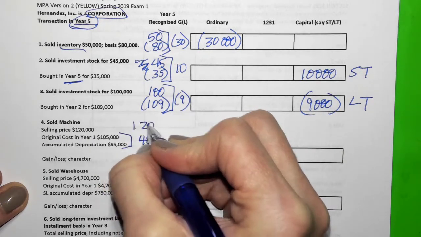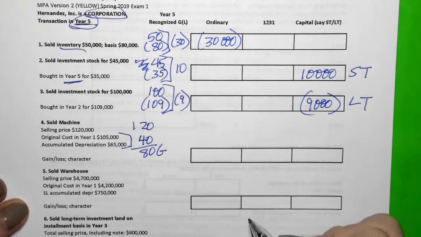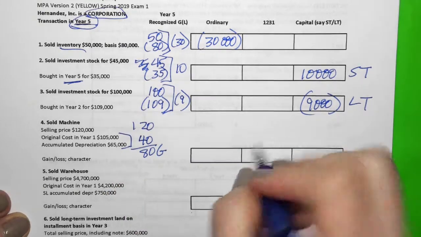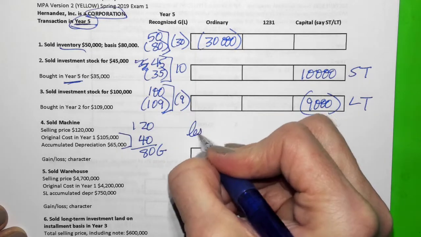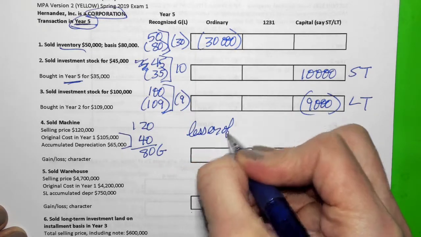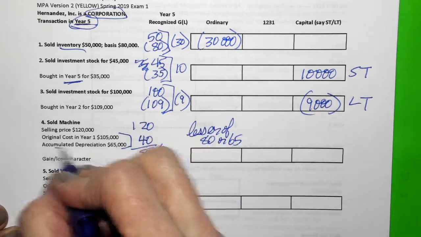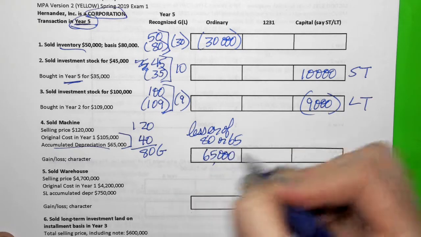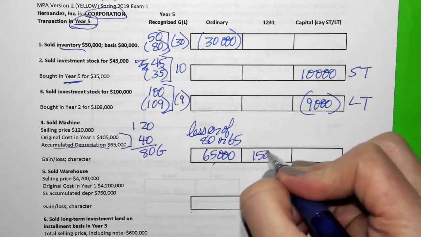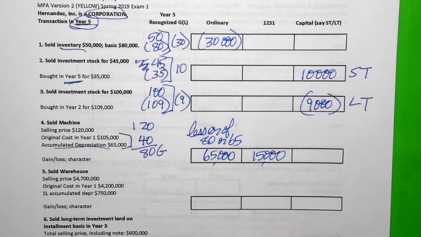I sold it for 120, so I have an $80 gain. Of my $80 gain, the lesser of 80 or 65, my accumulated depreciation, is ordinary income recapture. The remaining 15 retains its 1231 character until we get to the bottom.